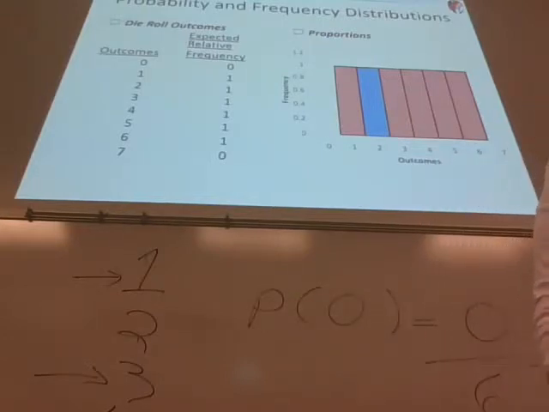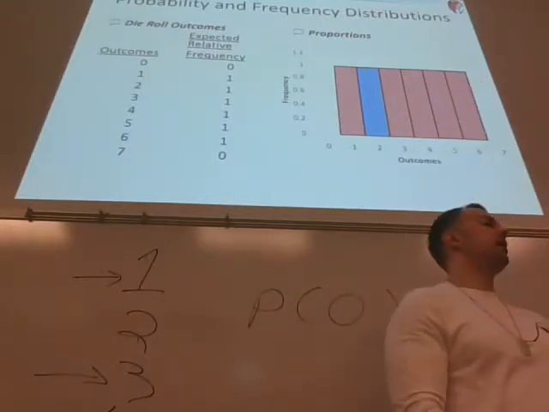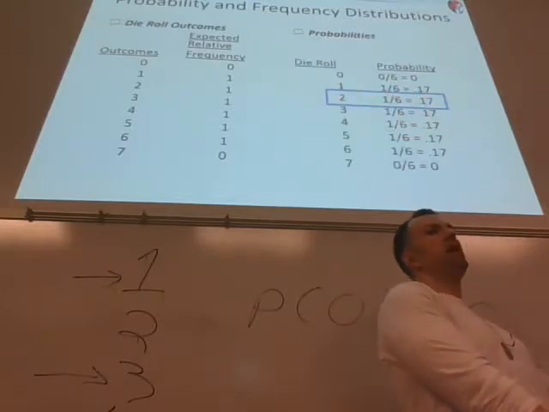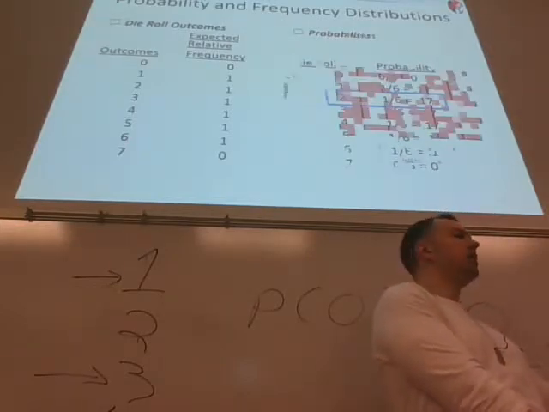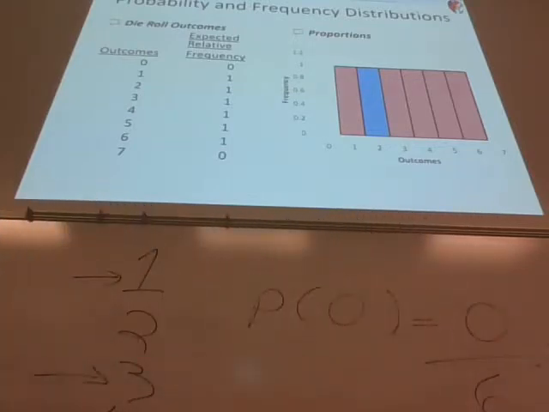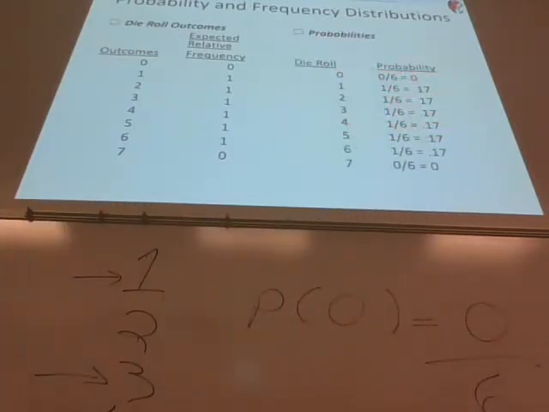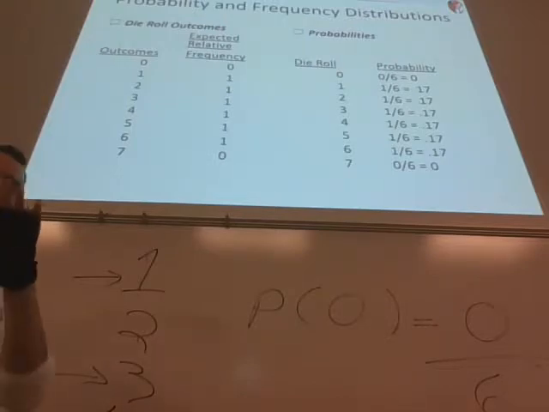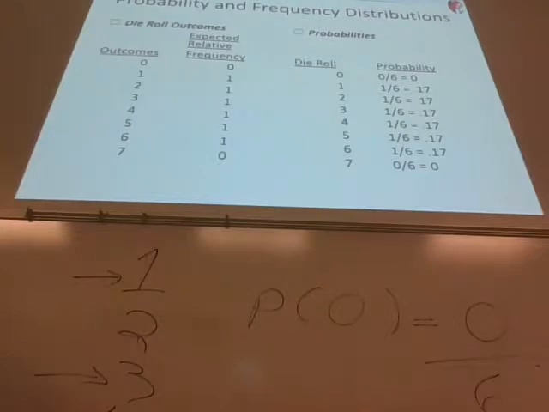All right, so that was a simple example where it really didn't matter whether you used mathematical ideas or proportions. Let's take a look at one where it starts to make a little bit more of a difference. Let's say that you were playing a game and instead of rolling a 2, you have to roll an even number in order to win.